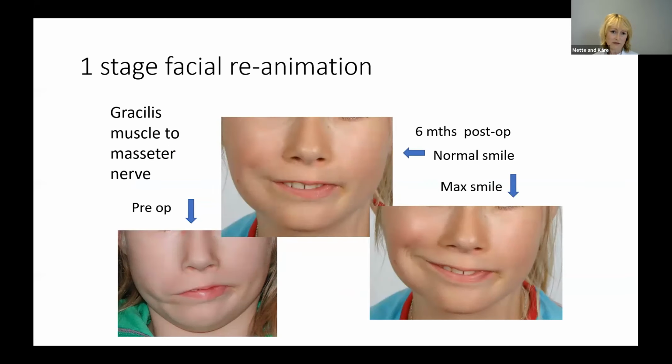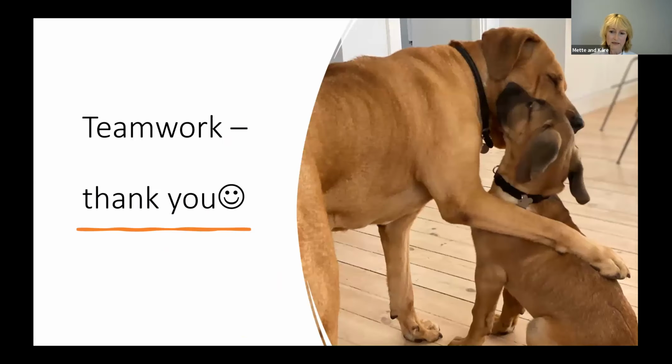And here's one with a single-stage Mebius patient with only the lower branch of the facial nerve working, and she has a normal smile that she uses on a daily basis, and with the maximal smile you really can see how strong the contraction is. And yes, it's a teamwork. That was it for me. Thank you.